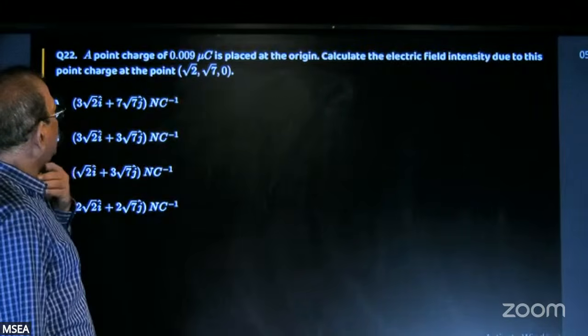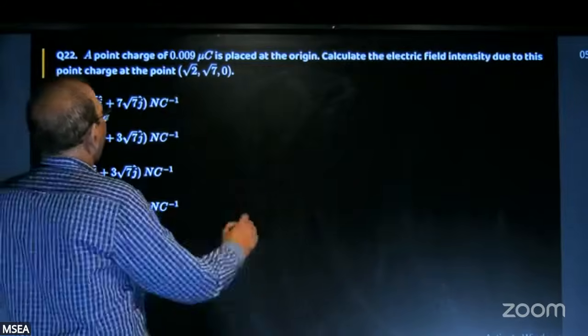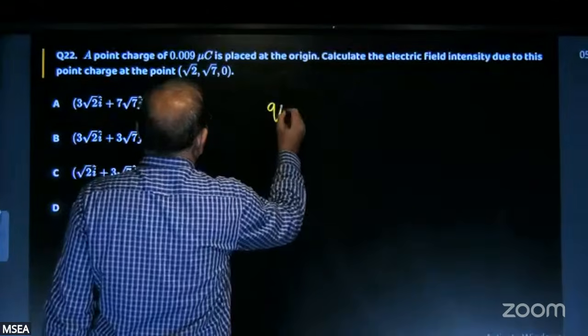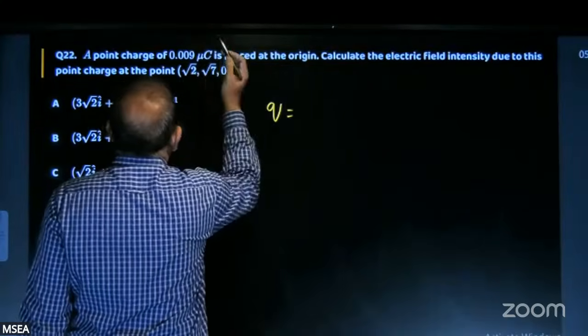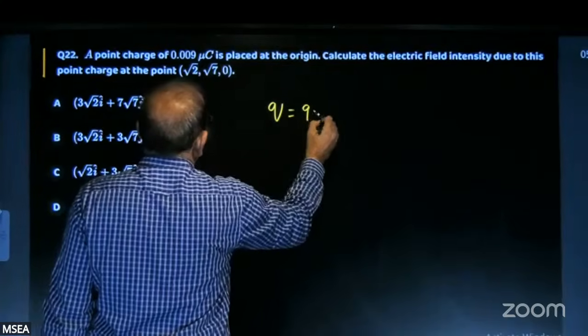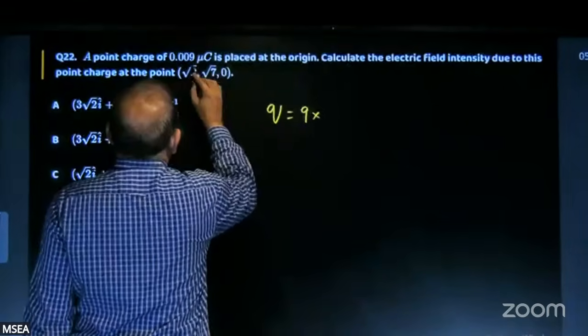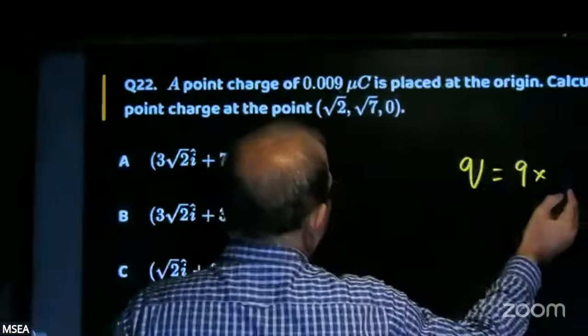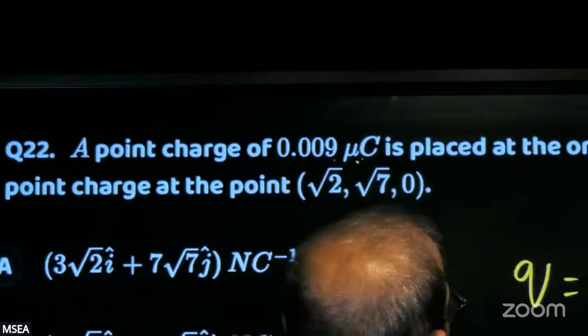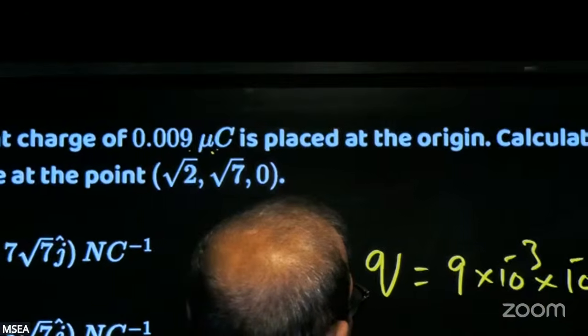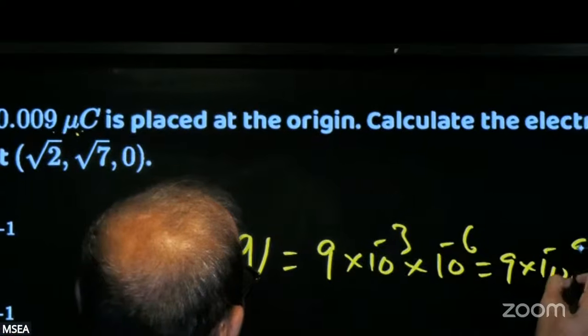A point charge, 0.009 microcoulomb. I'm writing like this. 0.009 is 9 into 10 power minus 3. Micro means 10 power minus 6. So this is 9 into 10 power minus 9 coulomb.